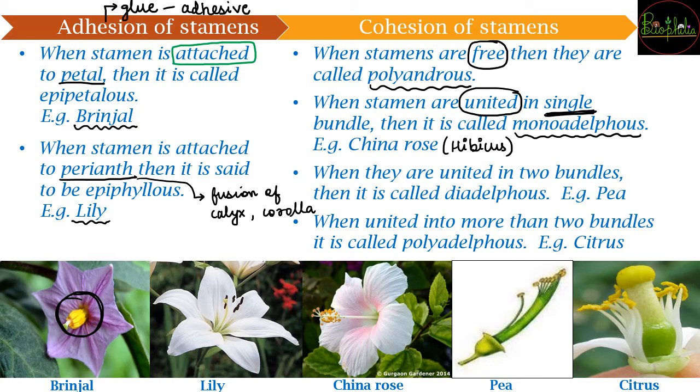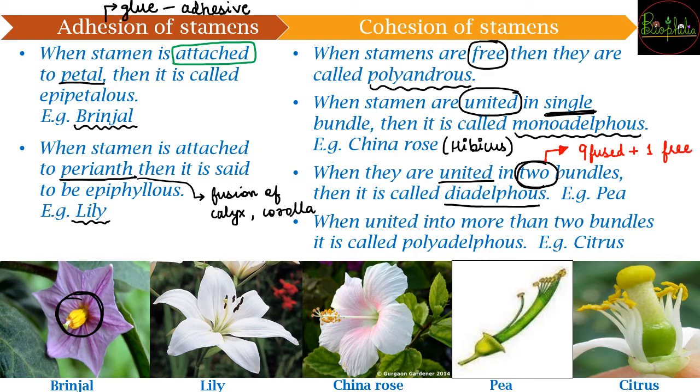If the stamens unite and form two bundles, one bundle is monoadelphous as in the China rose, but if it forms two bundles, then you call it diadelphous. Diadelphous is seen in the case of peas. The two bundles have in total 10 stamens, so 9 will be fused, whereas 1 will be a free stamen.